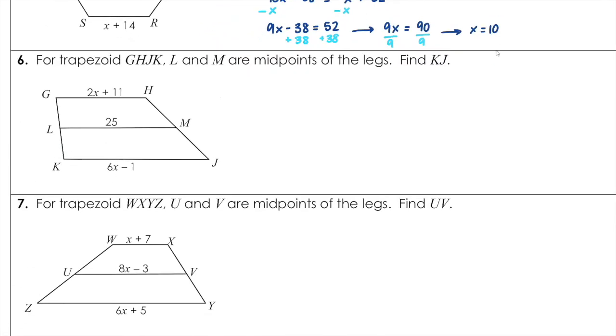Which one is our mid-segment? LM. So LM is our mid-segment, which is equal to the sum of our bases divided by 2.